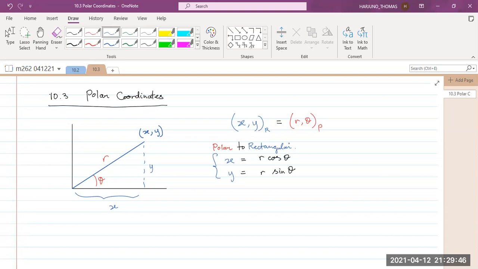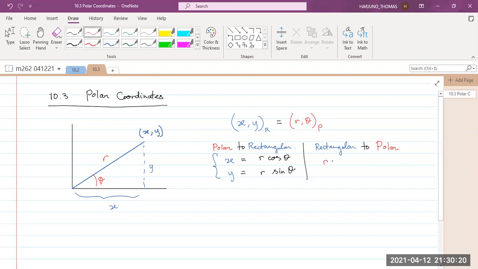The ambiguity happens when we have rectangular going to polar. Suppose I give you x and y, how do you find the r and theta? The r is easy.